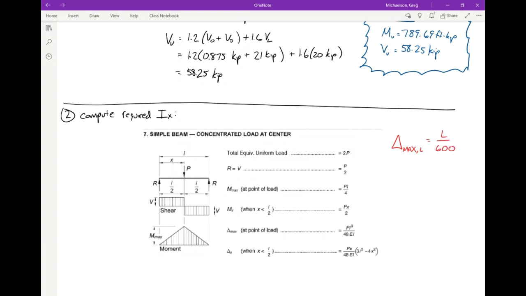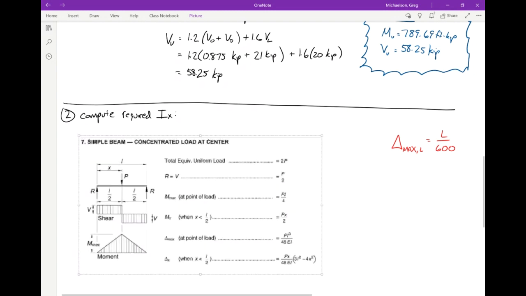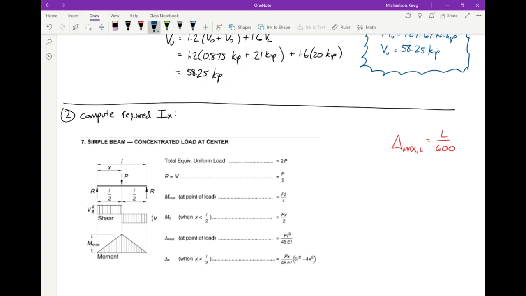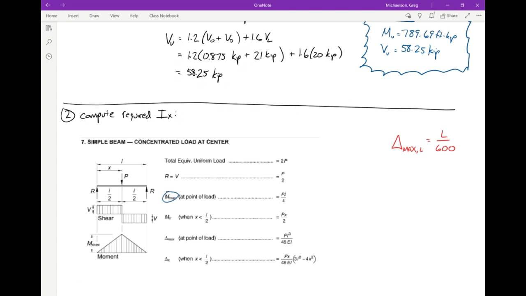I got this from the manual, on page 3-210. Remember, this is the table that provides the various moment, shear and deflection formulas. Some of these you should recognize. The maximum moment is PL over 4, so we just used that. The maximum shear is P over 2, because that's what we're getting on our shear diagram.